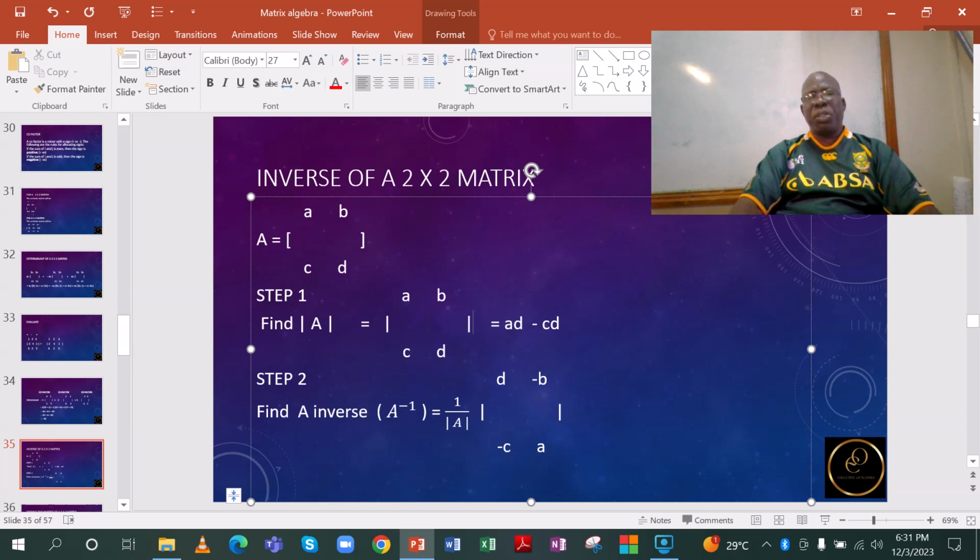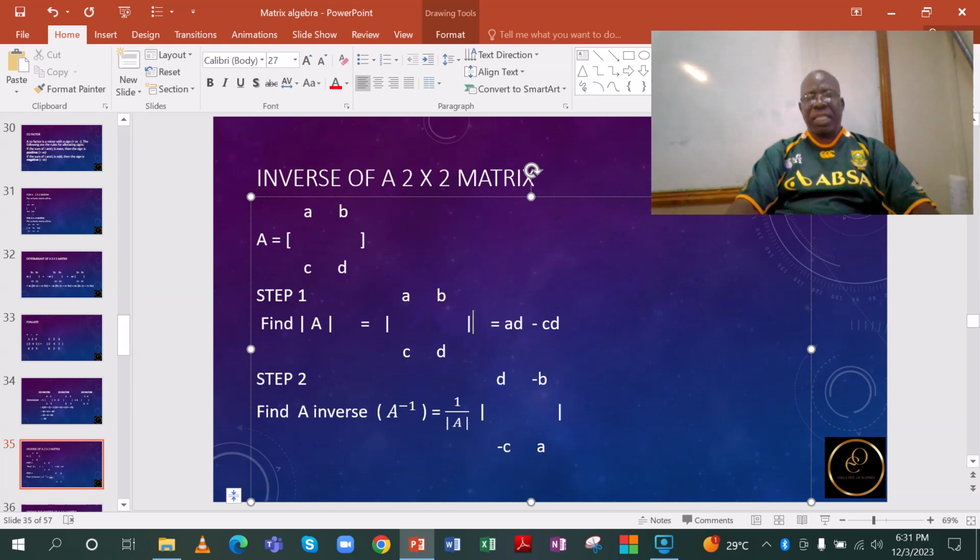Here C was positive and B was positive. Now because it changed the sign, C becomes -C and B becomes -B. When you multiply by the inverse of a determinant, what you are going to get is what is known as an inverse of a matrix A.